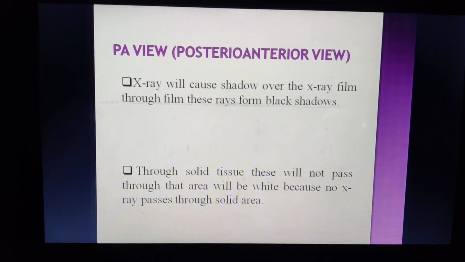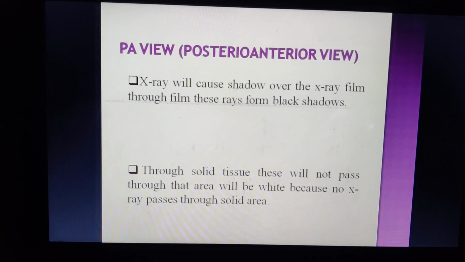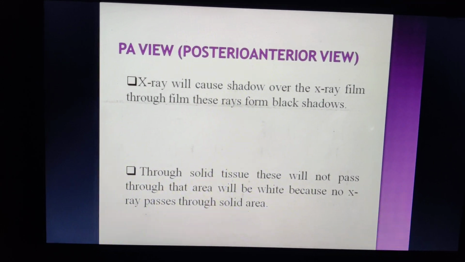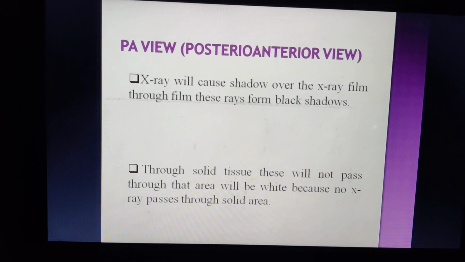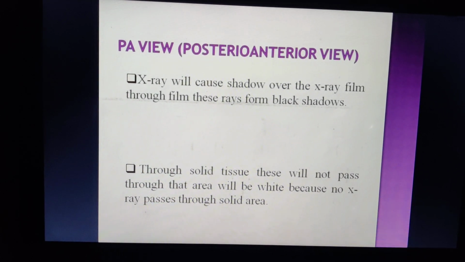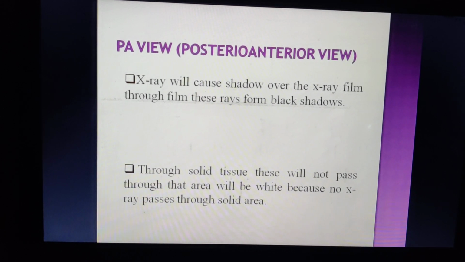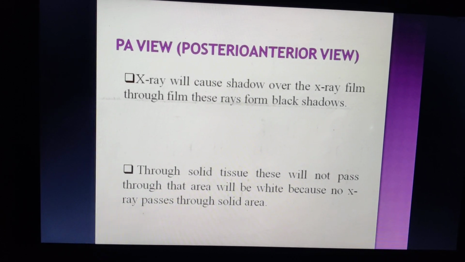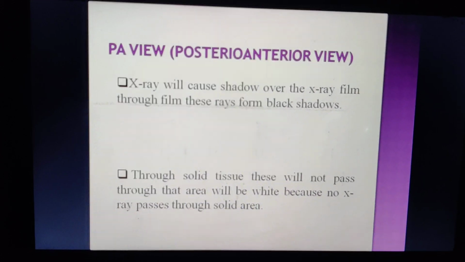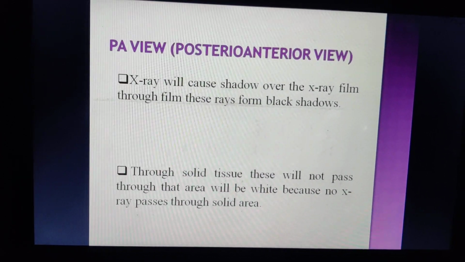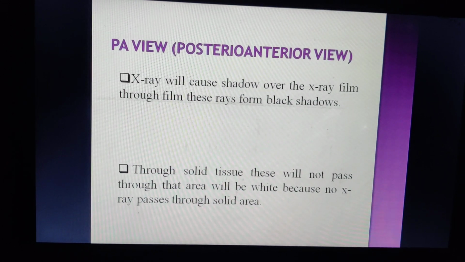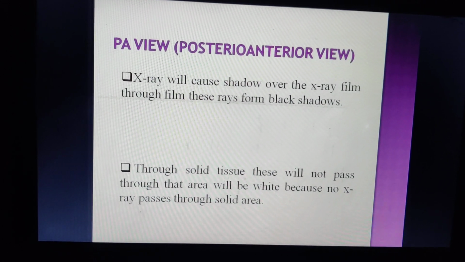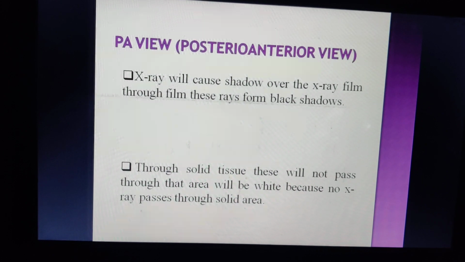X-rays form black shadow when they are passing through organs and cavities which are permeable to X-ray, meaning through which the X-ray can pass, such as the air in the lungs and the diaphragm.